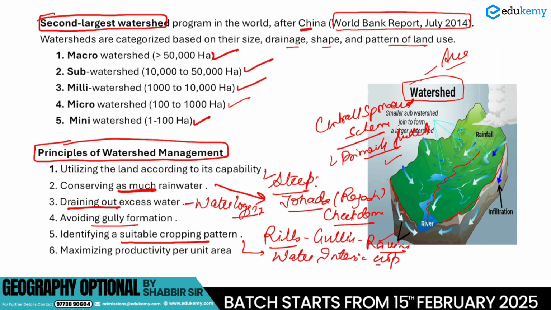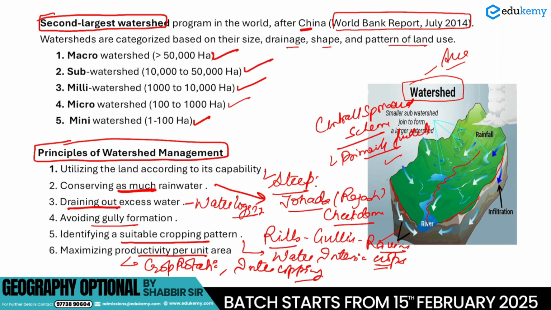So we should have a proper selection of crops so that we can conserve and utilize water judiciously. Next is maximizing the productivity per unit area, which includes crop rotation and intercropping, methods considered among the best for agriculture.